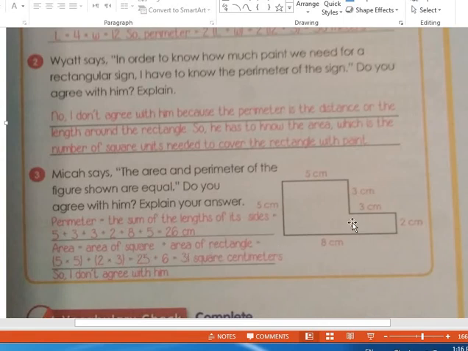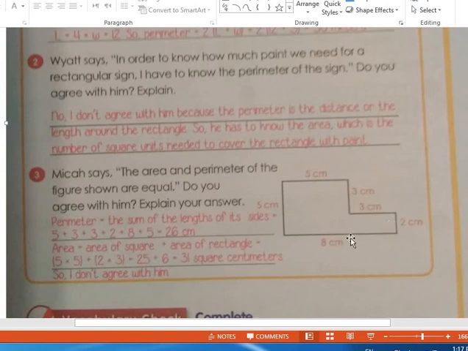What are the dimensions of the square? 5, and when I put the line segment, it will be 5. So 5 times 5, side times side, plus 2 times 3.